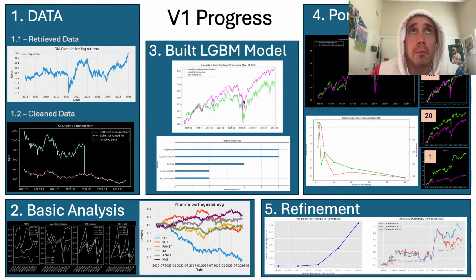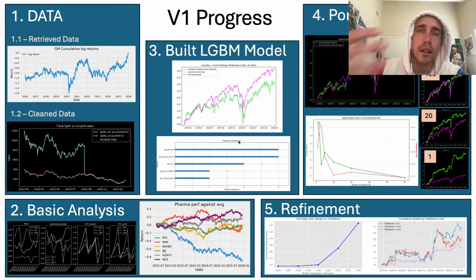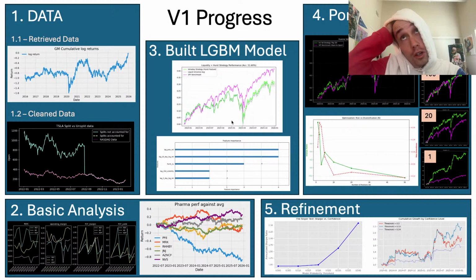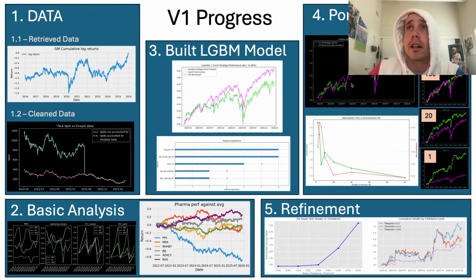So I trained a basic model and got the feature importance. Then I'm training a returns model, and I'm refining a portfolio strategy to work on that returns model. And so I got a portfolio strategy that actually works really well.